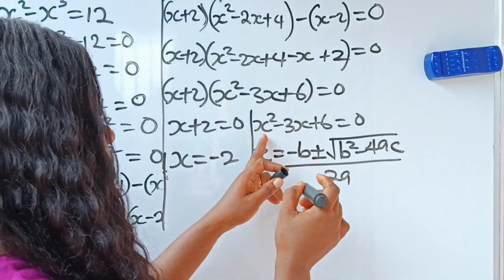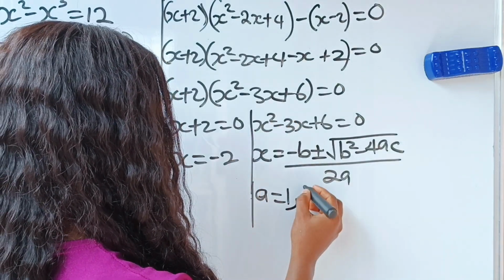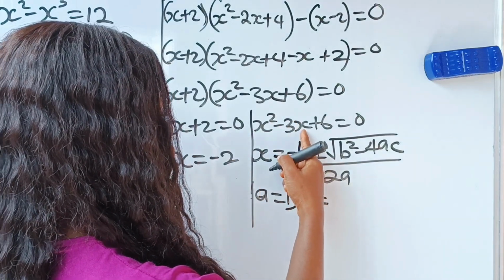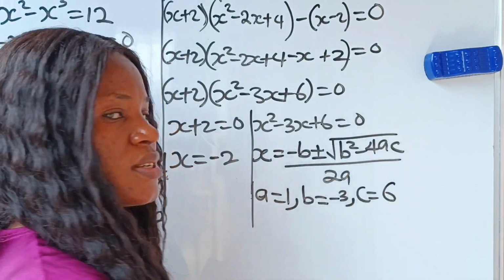Now, notice that our a here is the coefficient of x squared, which is 1. Our b is the coefficient of x, which is minus 3. Our c is our constant, which is 6.